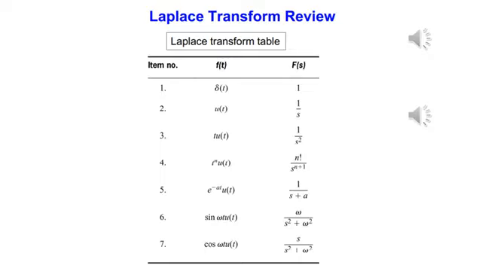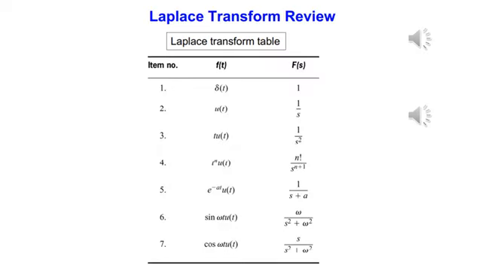Similarly, u of t, which is a step function, has Laplace transform 1 over s, and we can prove all these functions by applying f of t times e raised to the power minus s t, and then integrating it from 0 to infinity with respect to t.